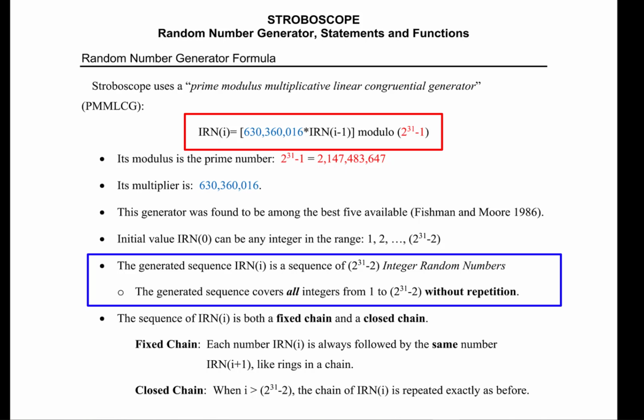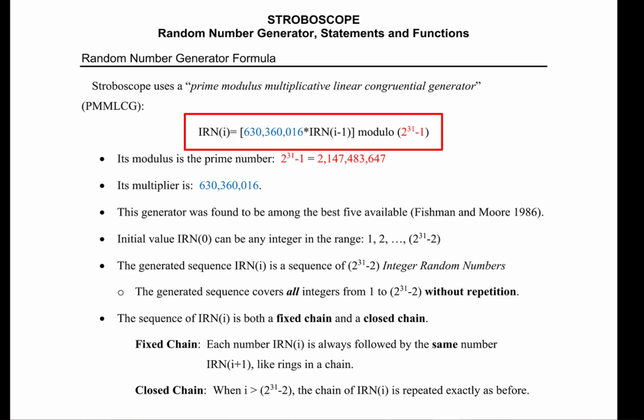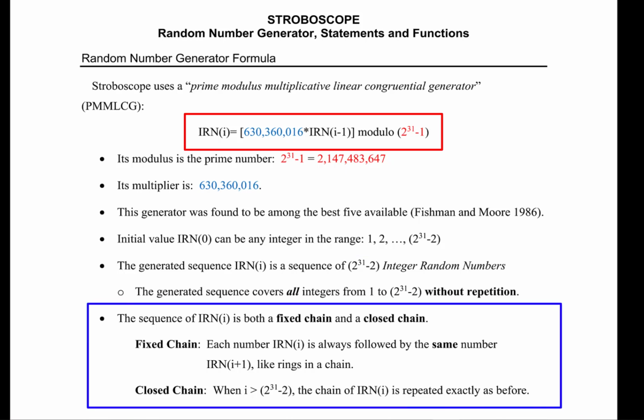This generated sequence covers all the integers from 1 to 2 to the 31st minus 2 without repeating any integer numbers. The sequence of integer random numbers is both a fixed chain and a closed chain.